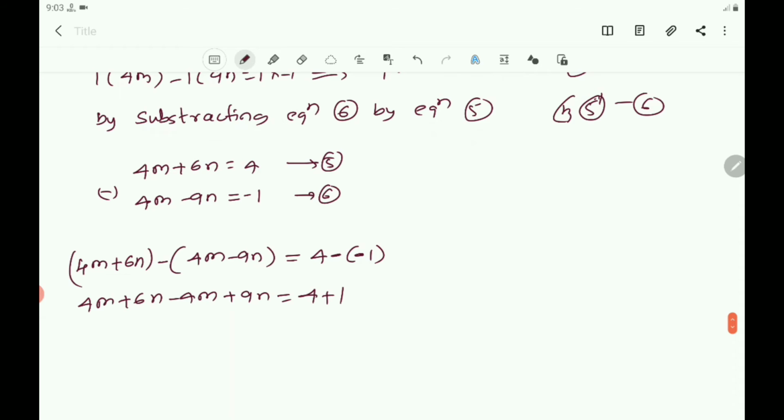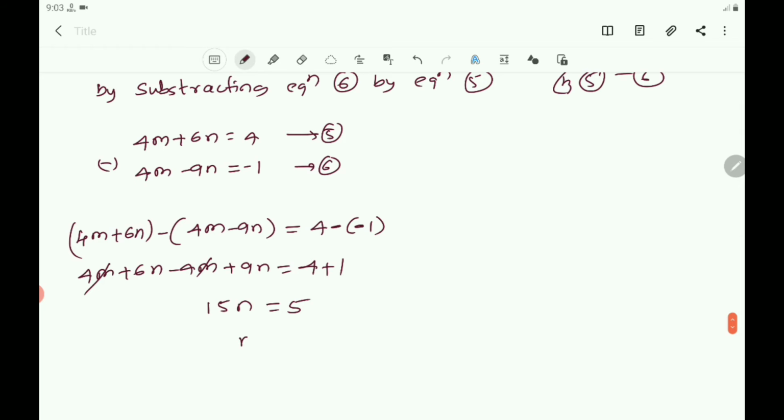Then 4m minus 4m cancels. 6n plus 9n is 15n is equal to 4 plus 1 is 5 here. So you got n is equal to 5 by 15. 5 ones are 5, 5 threes are 15. You got 1 by 3 here.